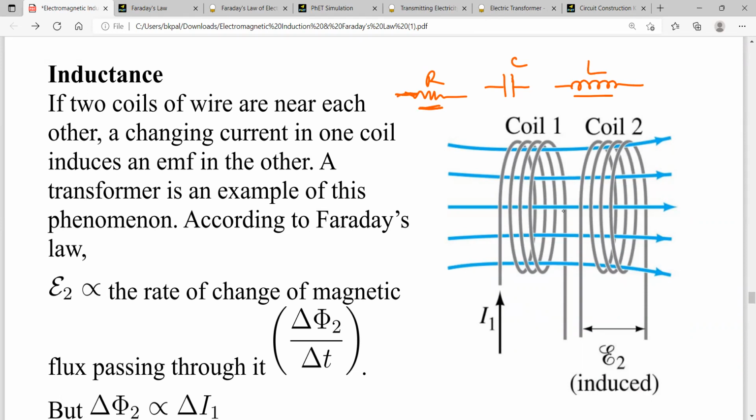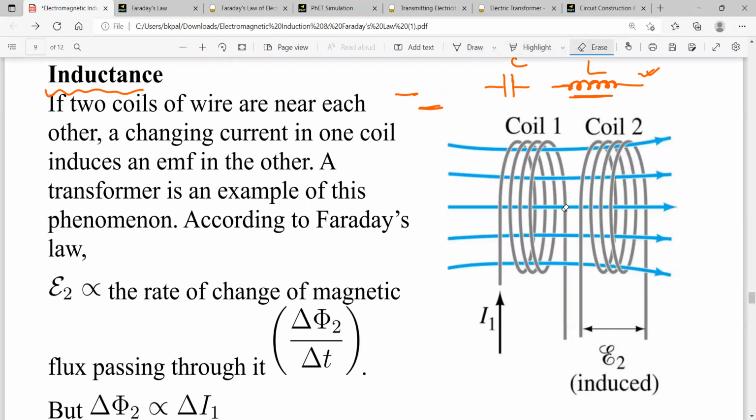Resistance is a zigzag, and here it is some kind of loop. This is the symbol for an inductor, a coil or a solenoid. When you draw a circuit diagram, we use this symbol to represent a coil, solenoid or inductor. Now we want to learn a little bit more about inductance and inductors.